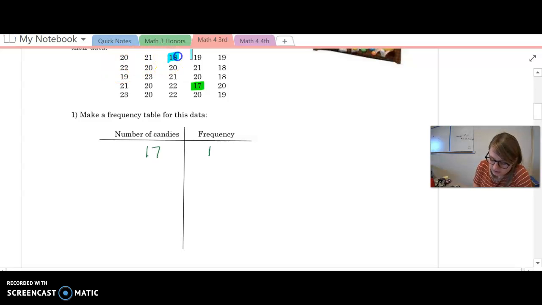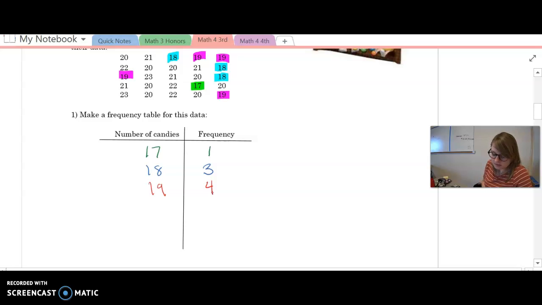So 18 was found 1, 2, 3 times. So number of candies was 18, and we found it a frequency of 3 times. Okay, 19. So 19 was found 1, 2, 3, 4 times. So we say 19 was a frequency of 4 times.